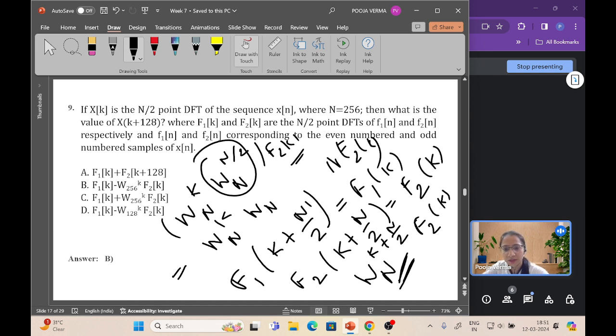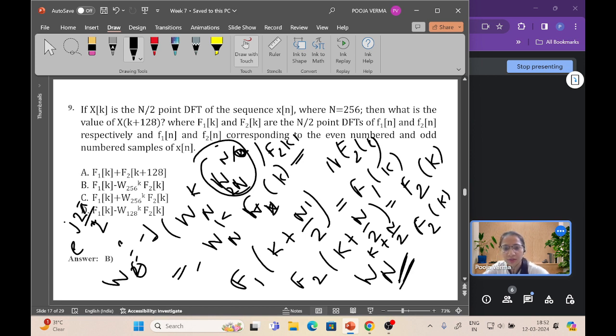If you solve this, W_N^(N/2) comes to e to the power minus j 2 pi over N times N by 2, which is e to the power minus j pi, and that will be -1, right? So this factor multiplied by this will be -1. Then here we will get F2(k), right?